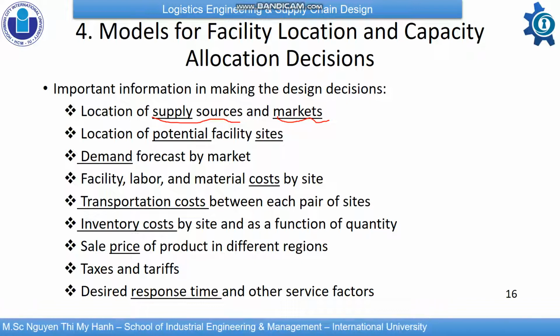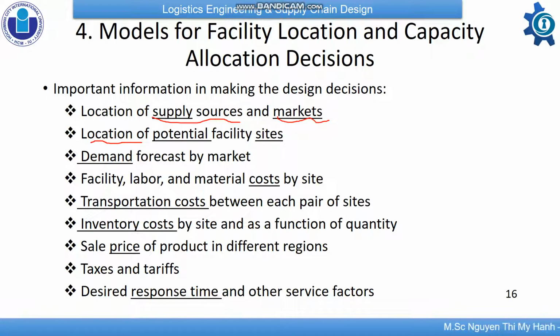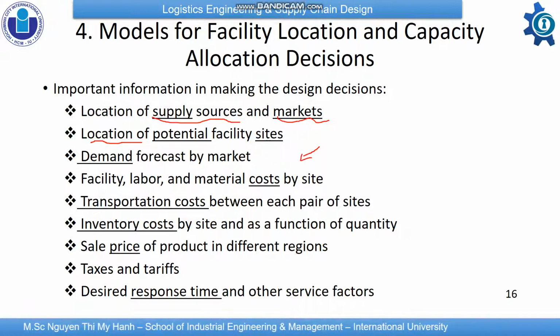And also you have to know the location of the potential facility sites, and the demand forecast by market, because we tend to locate near the market where the demand is higher, for example. And also we have to consider the facility, labor and material cost by site.